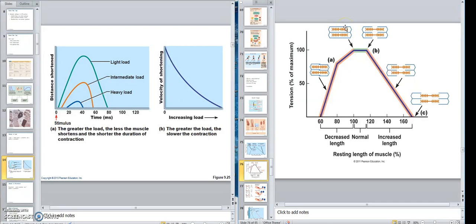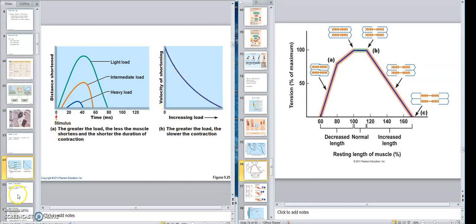So if you can lift the load but it's right at the edge of your strength, and you're lifting a weight off the floor, all you can do is get it a little bit up, because none of the myosin heads can let go to re-grab and pull in more. Think on that. So that's the reason for this here. And then you can see the velocity of shortening as you get heavier and heavier weights.